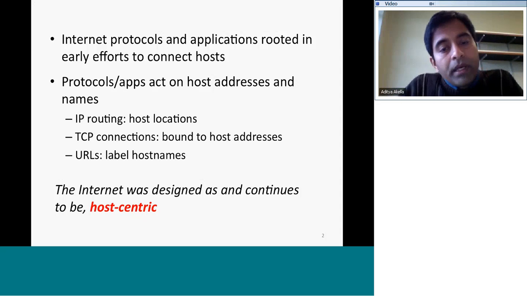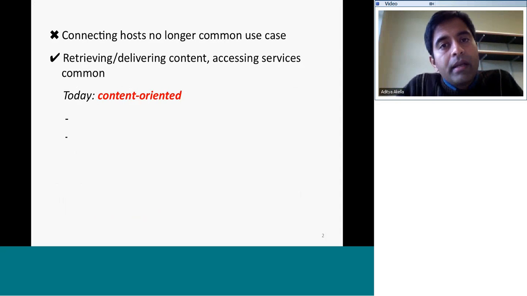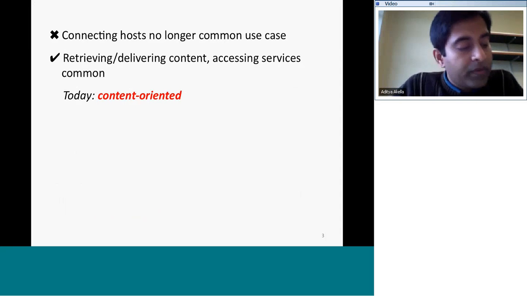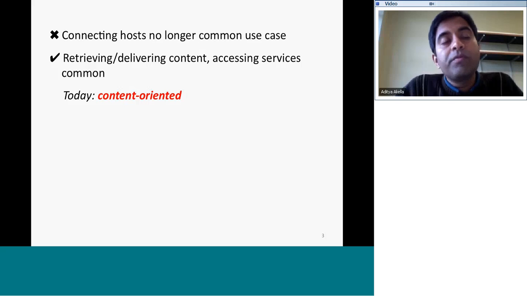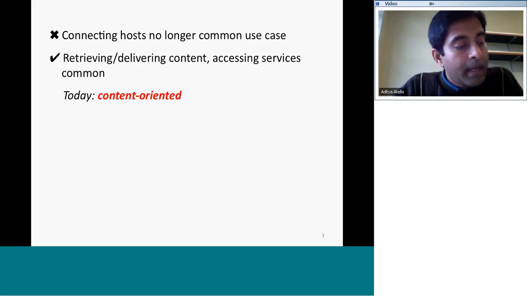So this talk and my work in this space arises from the observation that it's time to revisit the host centricity of the internet, and I'm not alone in this. A lot of people have made similar observations, including Van Jacobson, who's worked on CCN, which you're probably all familiar with. People like Scott Shenker, who's worked on data-oriented network architecture, you're all familiar with.